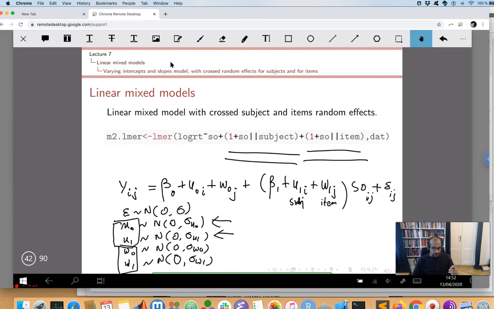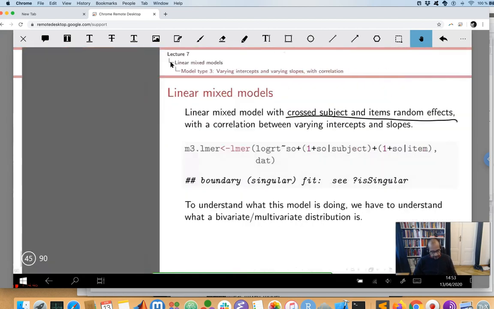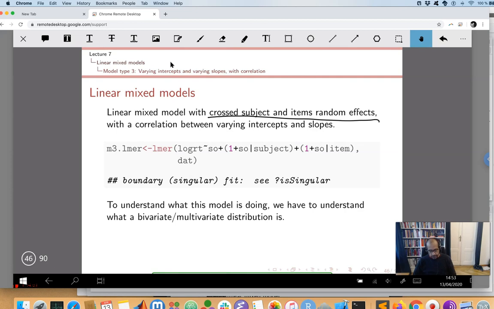That is an assumption I'm making, and that independence assumption is expressed by the double vertical bar syntax here. Now I'm going to change that assumption in the next model, and I'm going to have a single vertical bar instead of two vertical bars in the subject and item random effect specification.